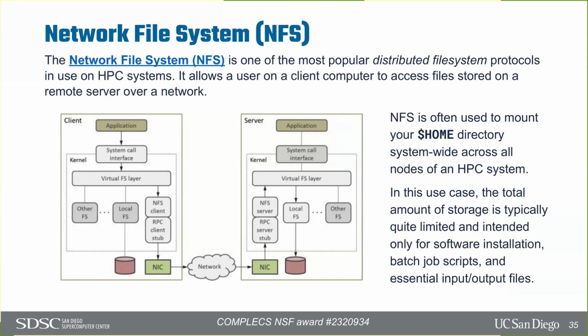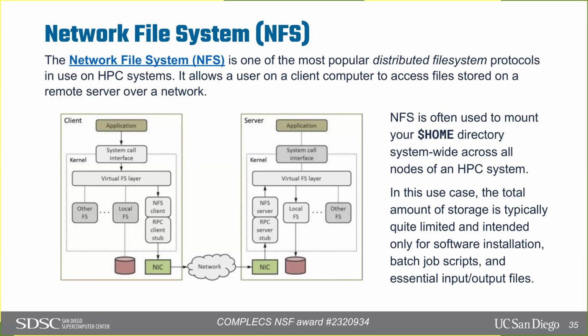Network file systems are one of the most common ones you'll see, and your home directory is served out of one. This is a diagram of how this works. Say you're on a login node, that might be the client side here. Anytime you run a command there that accesses files stored on those home servers across the network, it literally has to make calls out to the other server to fetch your files and access the data at the client.